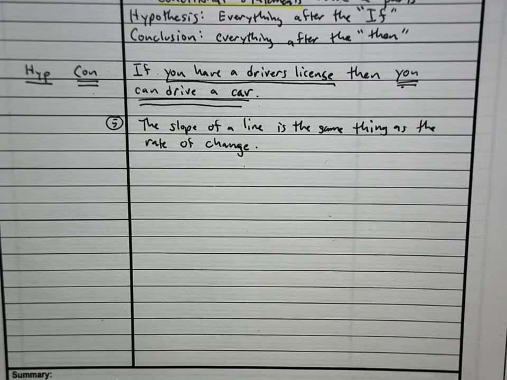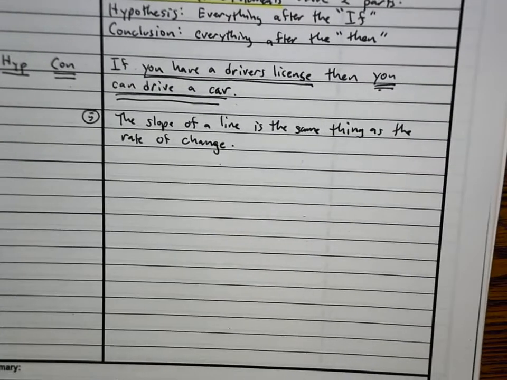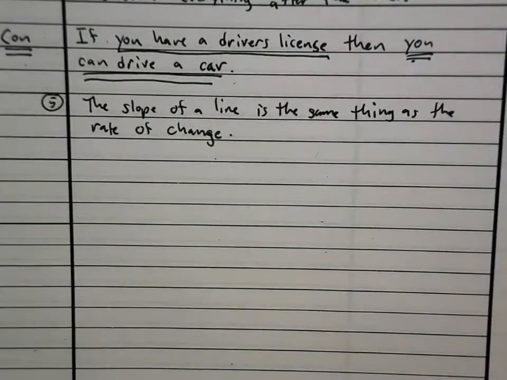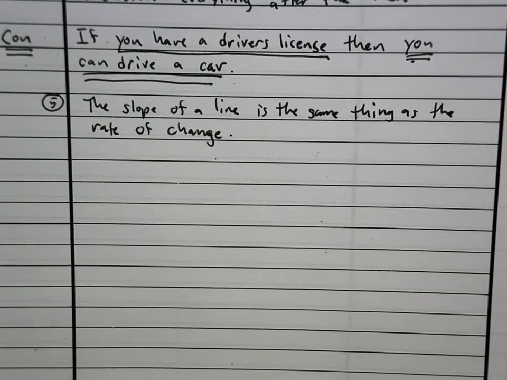It's just a regular statement right now. The slope of a line is the same thing as the rate of change. Now, I need to convert this into a conditional statement. I need to add the words if and then.